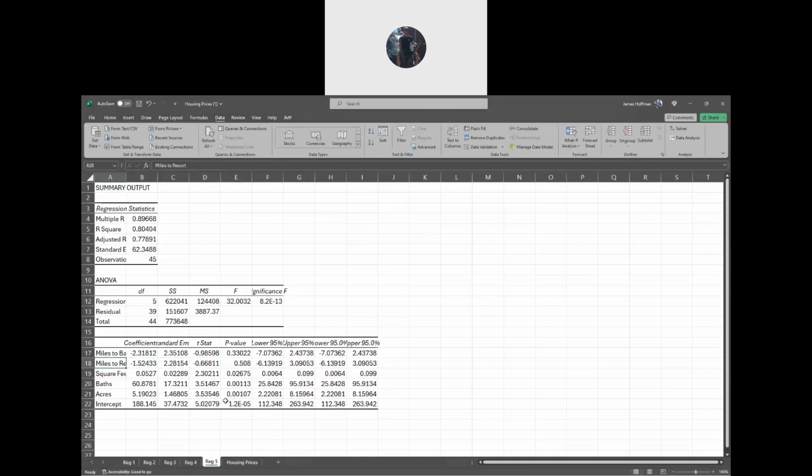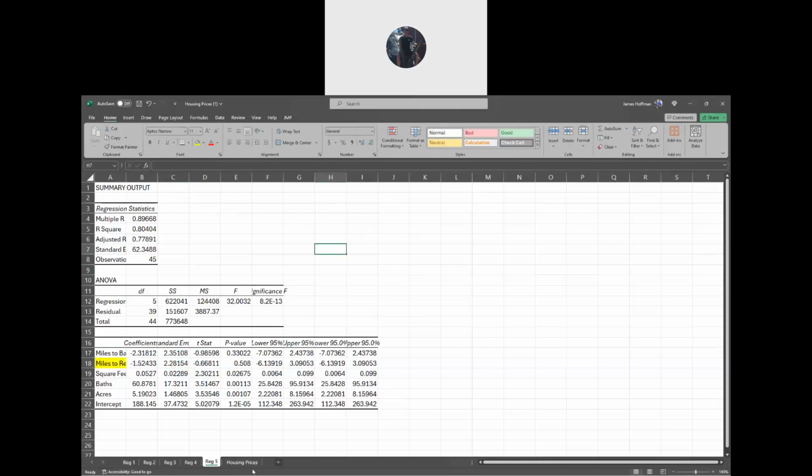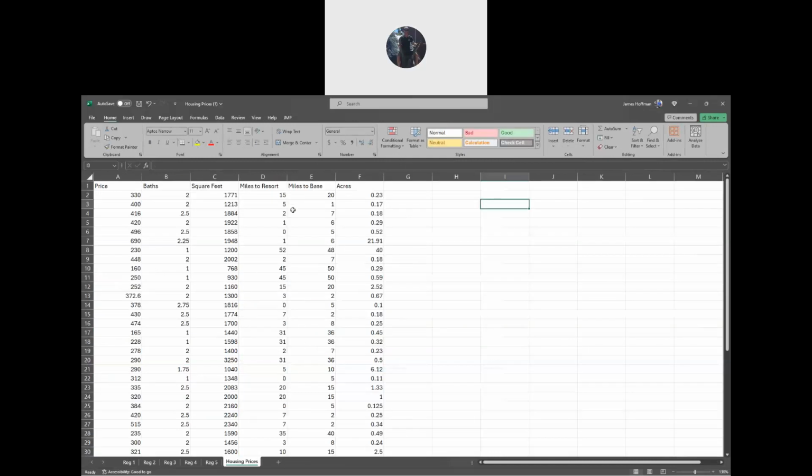And it looks like you definitely wouldn't want to have miles to base and miles to resort because they're pretty much the same thing. So let's take out miles to resort, and then maybe this will be the last round. Delete. All right, now let's run it with price as beds, square feet, miles to base, and acres.